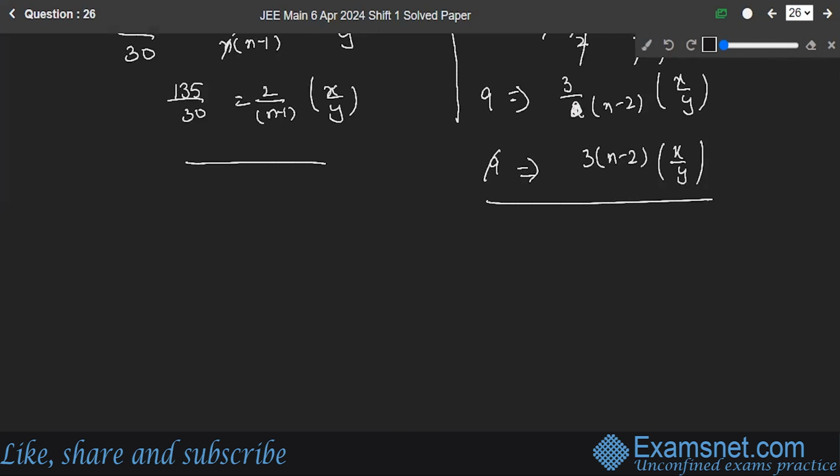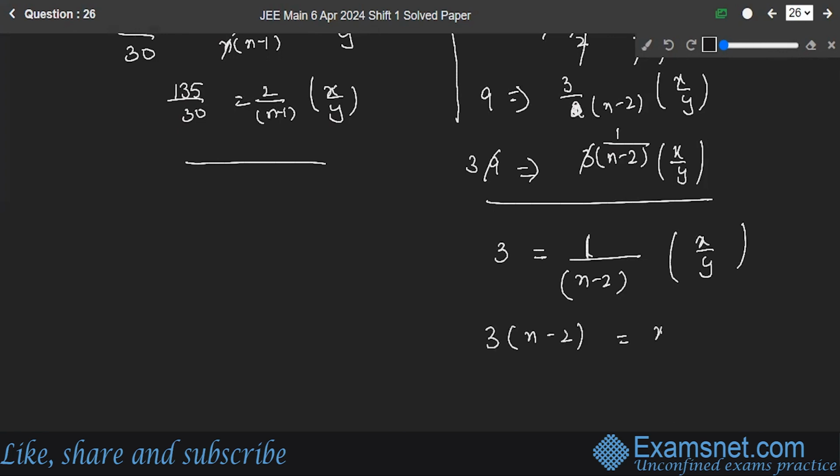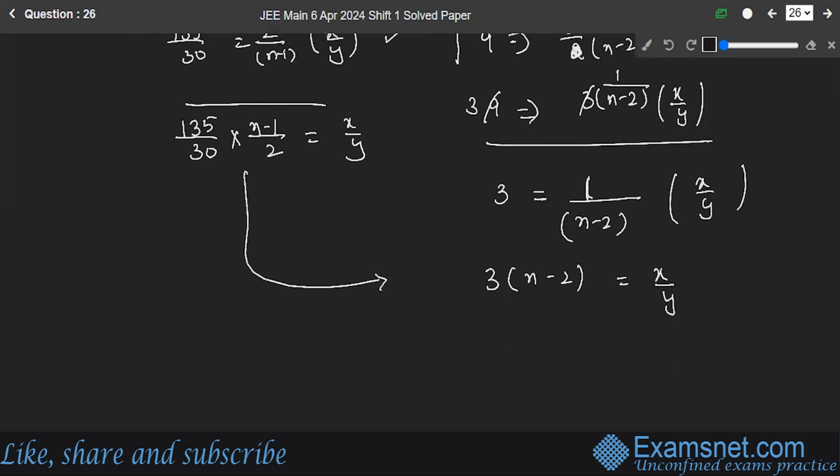This 3 will cancel, so 3 into this is equal to x upon y. And from here you have 135 upon 30 into (n-1) upon 2 is equal to x upon y. Let's equate these.